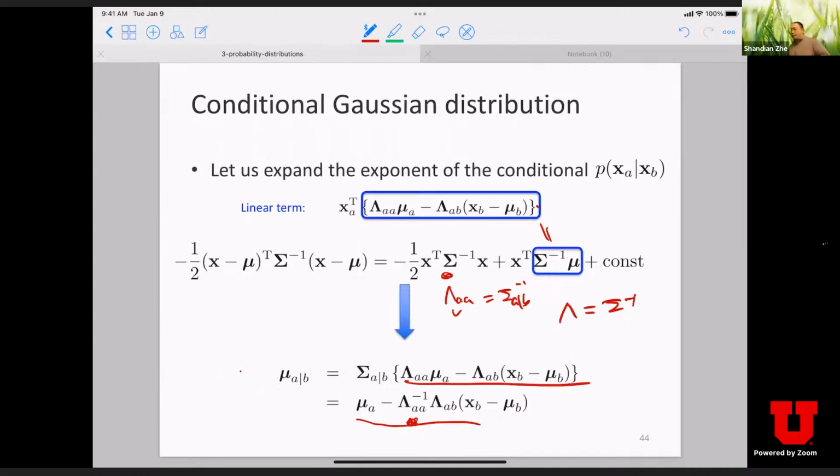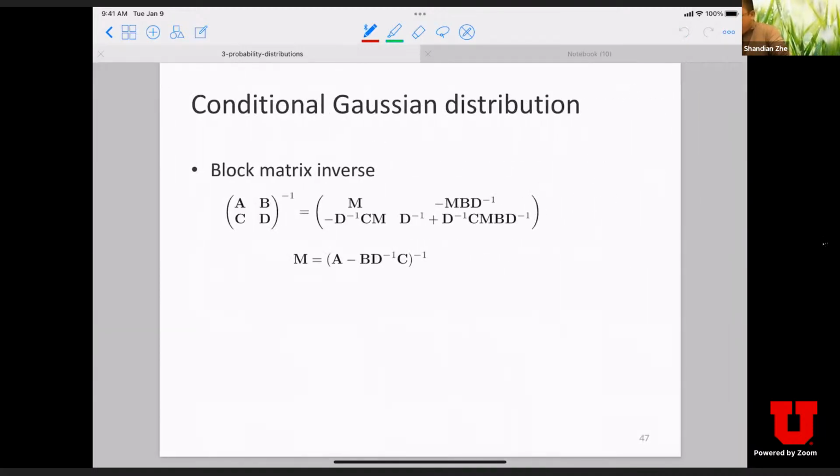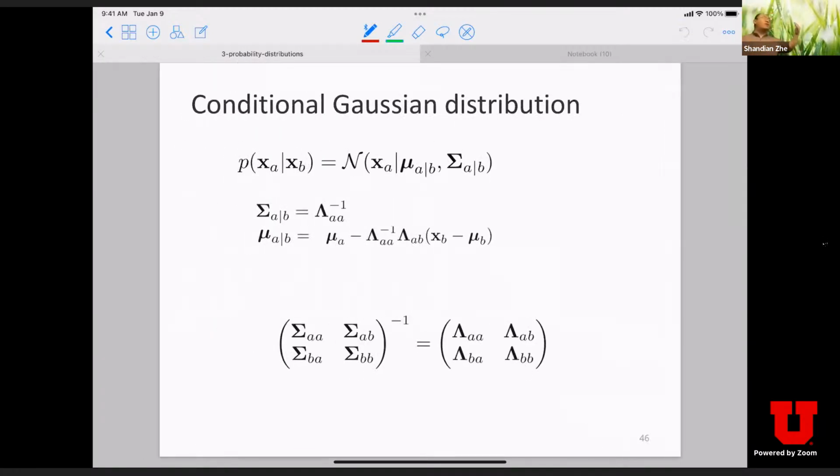So the last step is to leverage the so-called block matrix inverse form. From our completing the square trick, we know that the conditional covariance is lambda AA inverse, and the conditional mean will be mu A subtracted by lambda AA inverse, lambda AB, times X_B minus mu B. So you need to know the form of lambda AA and lambda AB.